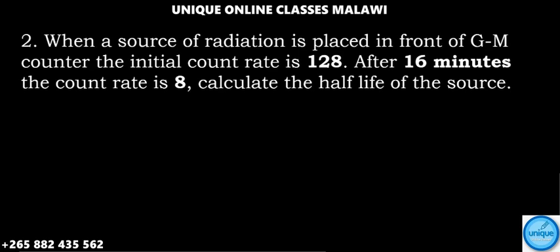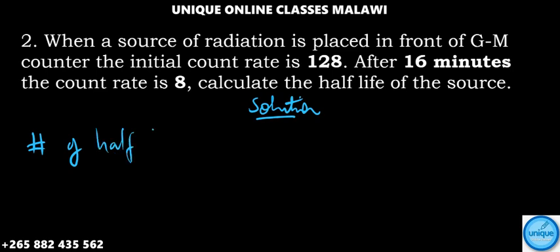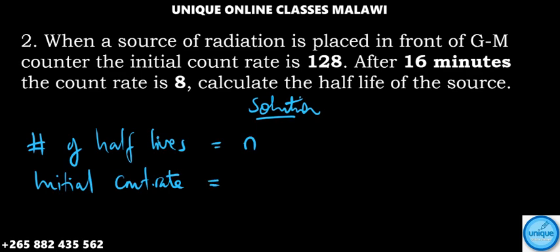So let's have the solution. Let the number of half-lives be n, and the initial count rate we call A naught.